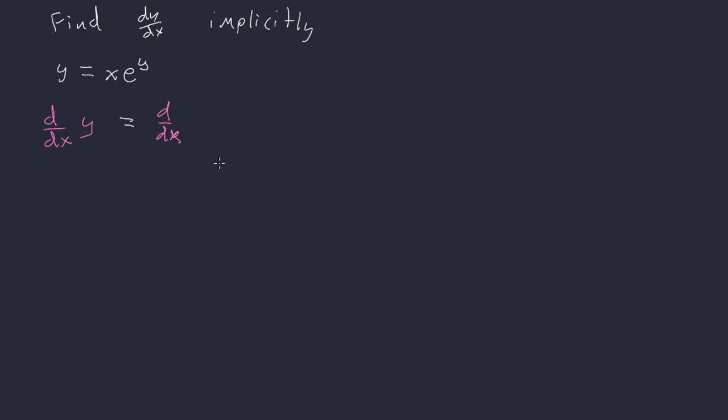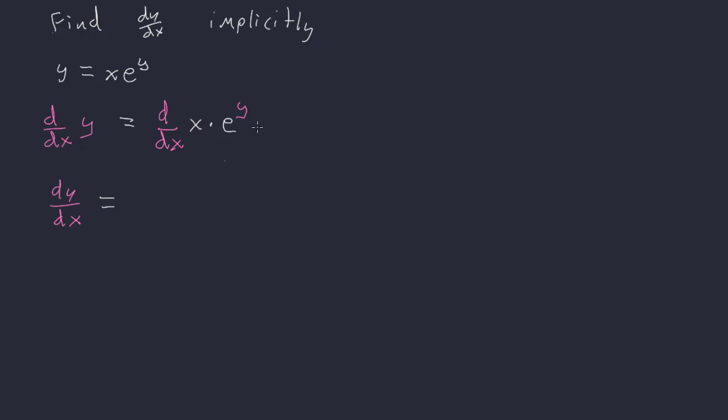The derivative of y with respect to x is the derivative of y with respect to x. However, on this side, what we have is actually a product rule because this is x e^y. So when we differentiate both sides like this, the left side is going to be just dy/dx.